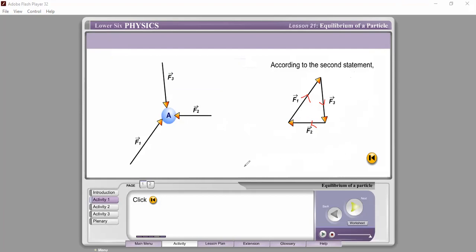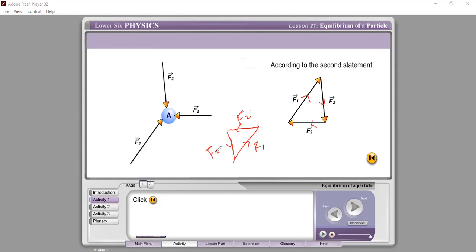I can also rearrange the triangle. If the triangle is formed like this, this is F1, this will be my F2, and F3 in this direction.